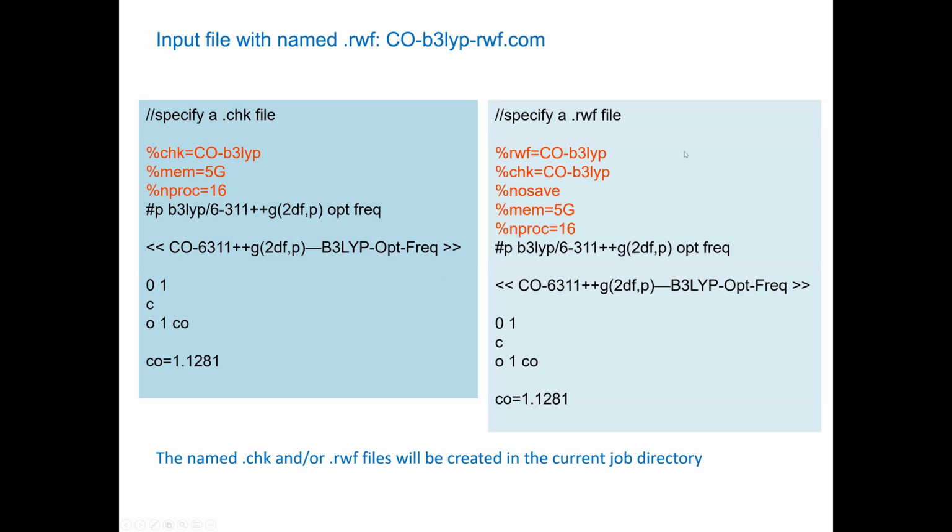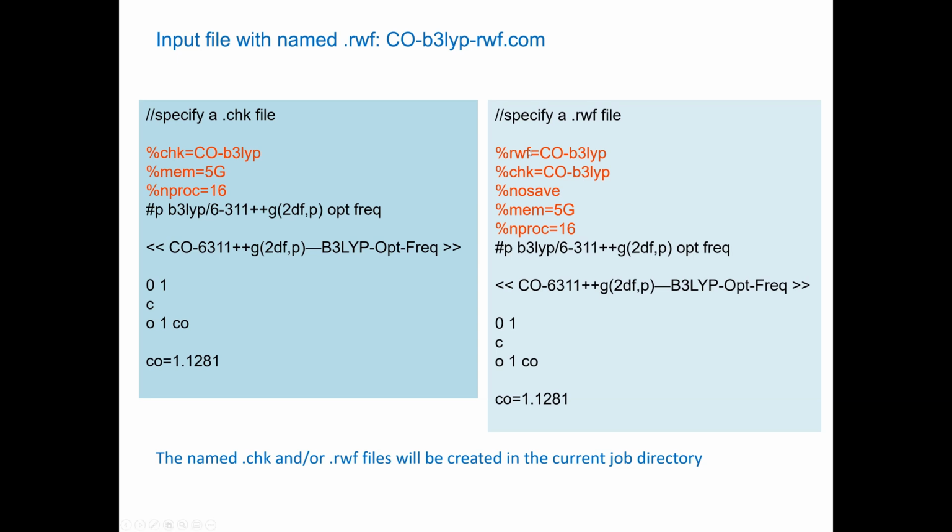And furthermore, you can name your own RWF, your read-write file. And in the normal case, you add a NoSave option. When you use NoSave, that means when your job finishes fine, completely correct, the RWF file will be removed automatically by the system, by Gaussian.